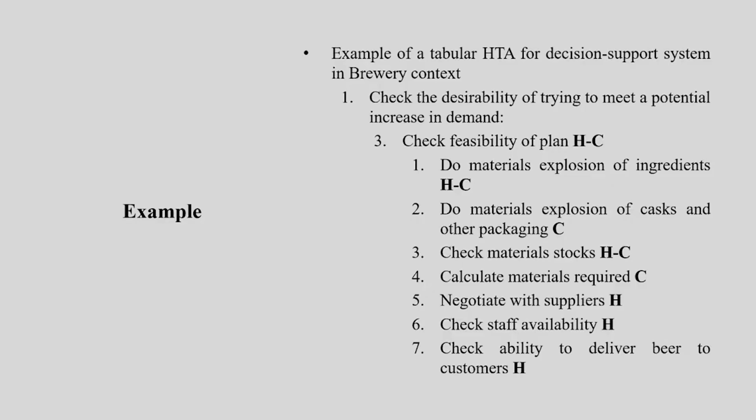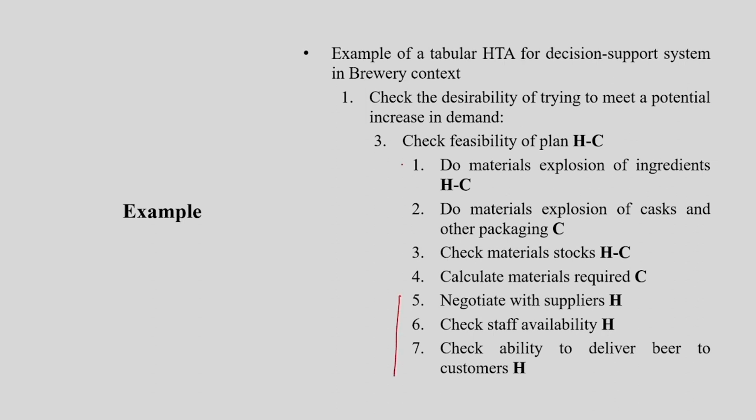We cannot make any changes there, whereas we can work on the stock part, where human can be the major controlling power. Then suppliers, availability of staff, and delivery feasibility, all these three steps are majorly on the human.